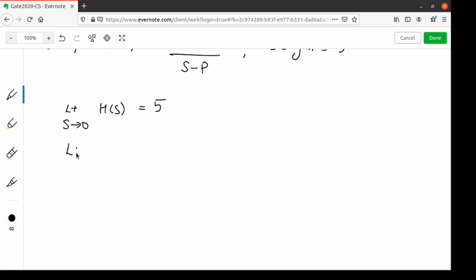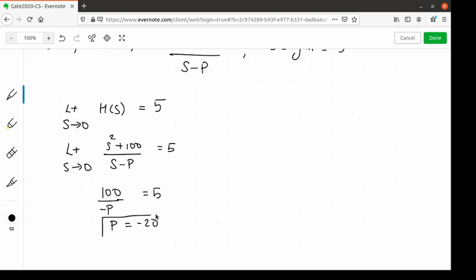So we'll substitute H(s): (s squared plus 100) divided by (s minus p) equals 5. Now when we calculate the limit, it will be 100 divided by minus p equals 5, or p equals minus 20. So that is the value of p.